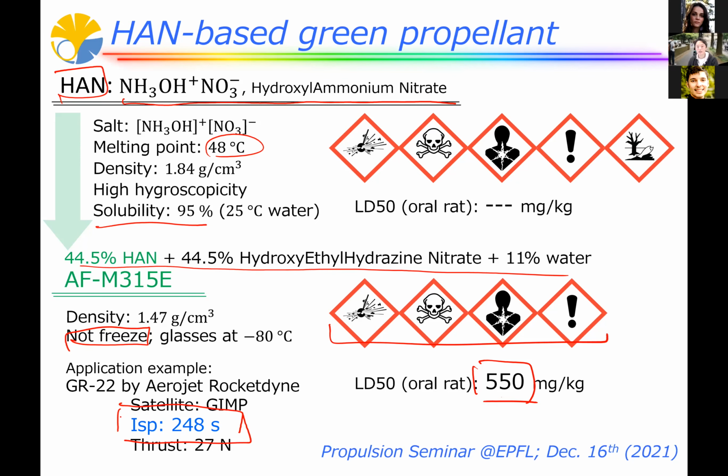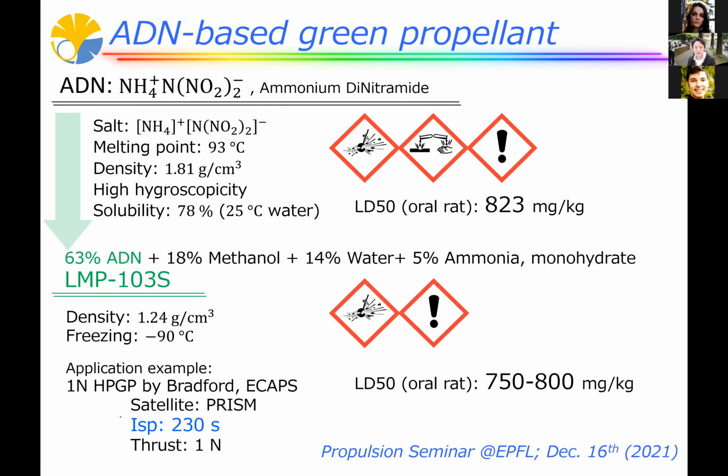Another candidate is called ADN-based green propellant. Again, it's a kind of salt, and the melting point is like this, so it's a solid salt. By dissolving it into methanol or water, we use it as a monopropellant.